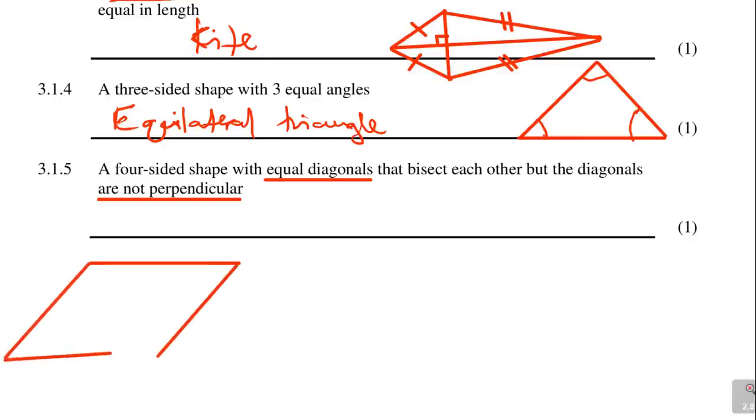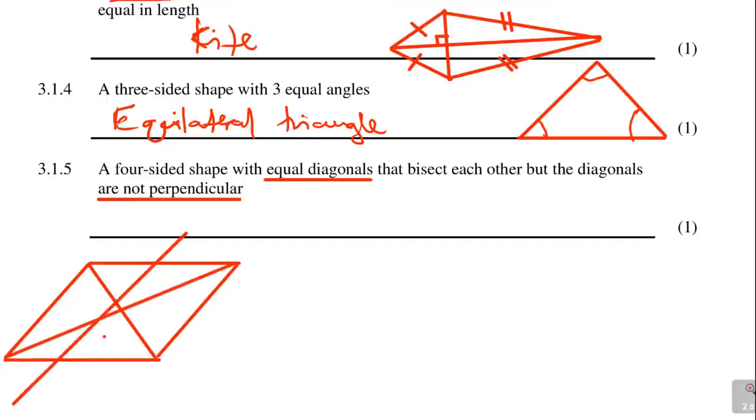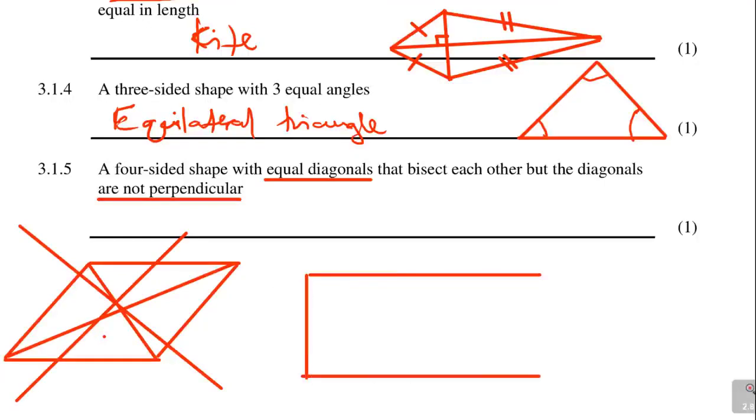As a rhombus, a four-sided shape with equal diagonals. Now, there is the problem: in a rhombus, this is not equal to that. So this one, I'll say no. And then what about a rectangle? Let's try a rectangle. A four-sided shape with equal diagonals. With a rectangle, from here to here, they are equal. And the diagonals are not perpendicular. Definitely. So this can be a rectangle.